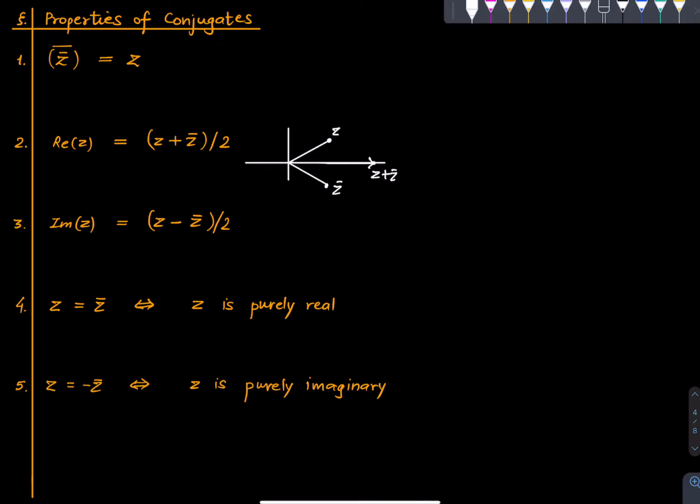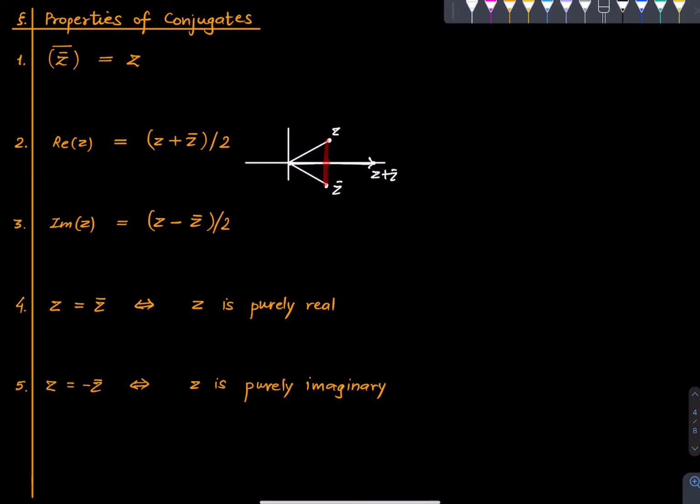If you consider this parallelogram, then the midpoint of this diagonal would be z plus z bar by 2. That is halfway between those points, and of course, if you join these two lines, it passes through the midpoint. Diagonals of a parallelogram bisect each other.